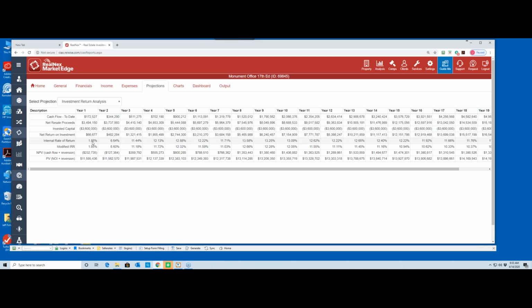And I'd say one of the key ones is your internal rate of return. What rate of return am I getting on this property after taxes, but taking into consideration the financial leverage? And so if I'm going to have a 5-year holding period, my internal rate of return would be 12.88%.